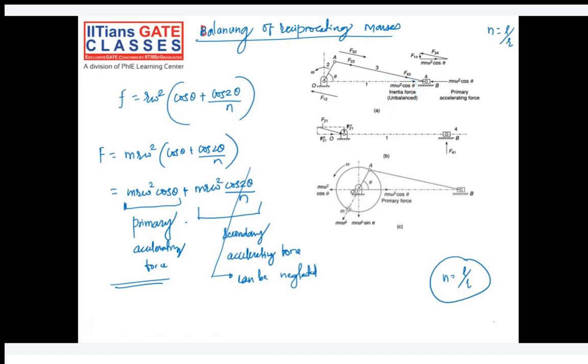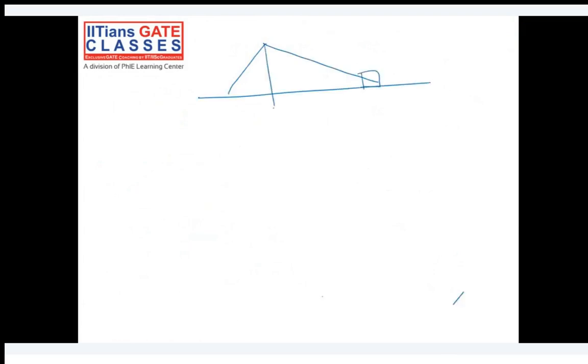Is it clear till this? What is the unbalanced force in case of reciprocating masses? How is it calculated? Okay, I'll repeat. We have calculated the displacement. I'll just go to the next slide. If you remember, this was our piston, this is our R, this is our L, this is theta, and this is phi.